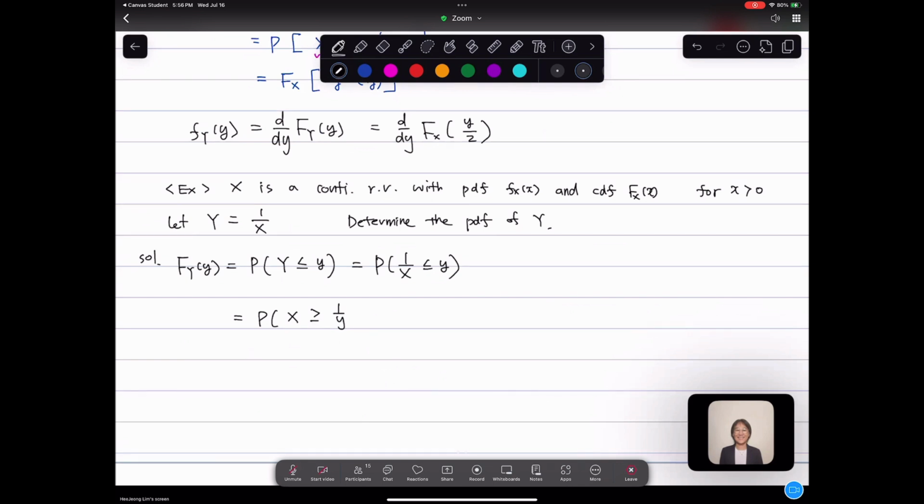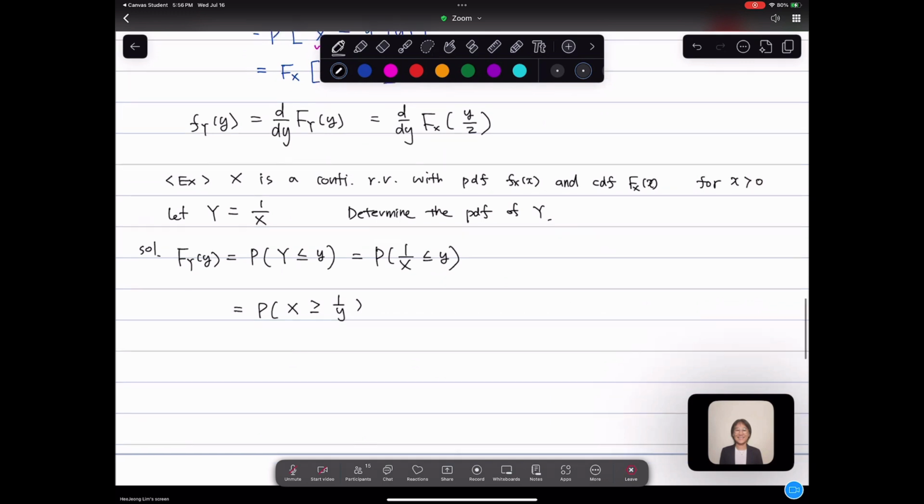So now I'm getting, well, isn't that 1 minus? I'm integrating from 1 over y to infinity, if you think about it.